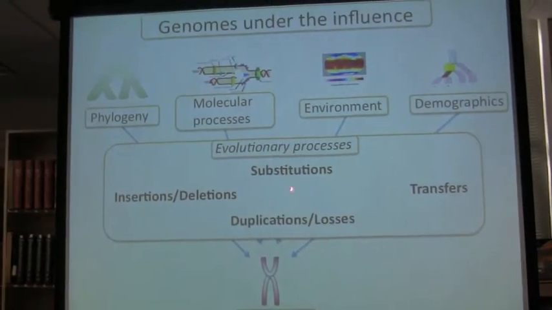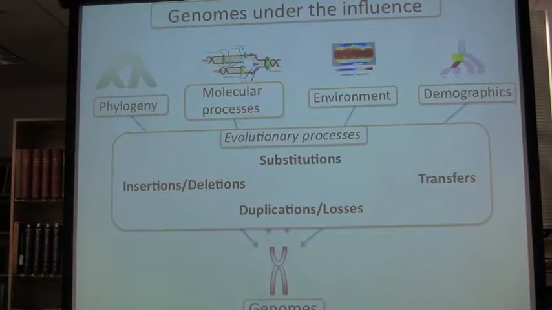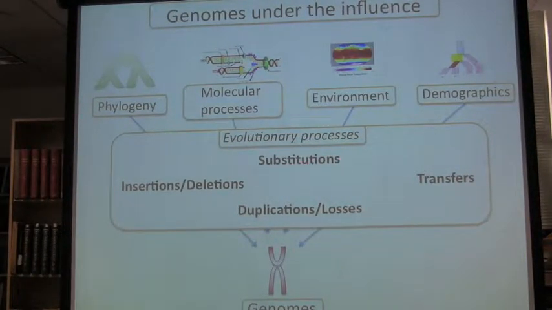Among those evolutionary processes, you've got insertions and deletions of small bits of DNA. You also have substitutions. You also have duplications or losses of parts of the genome. And finally, you can also have transfers of a part of a genome from one species to another species. And so all those processes leave traces of those factors through evolution.